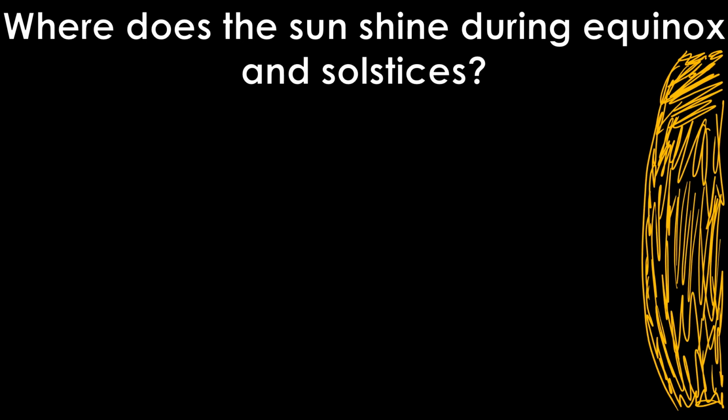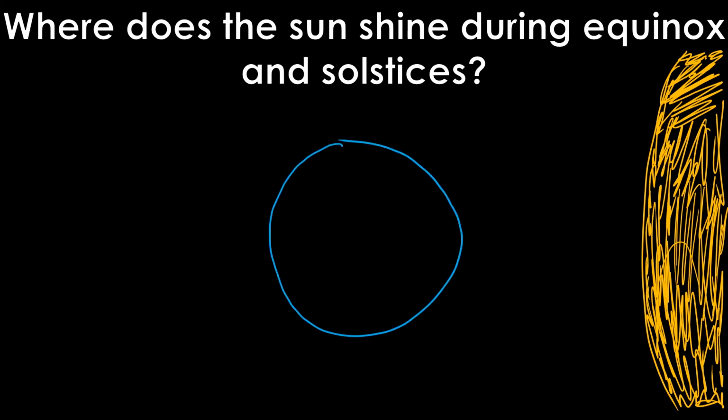Okay, so there's our terribly drawn sun, and there's our Earth. Our equator, I'm going to put at an angle here because we are tilted, and this is going to be our axis.